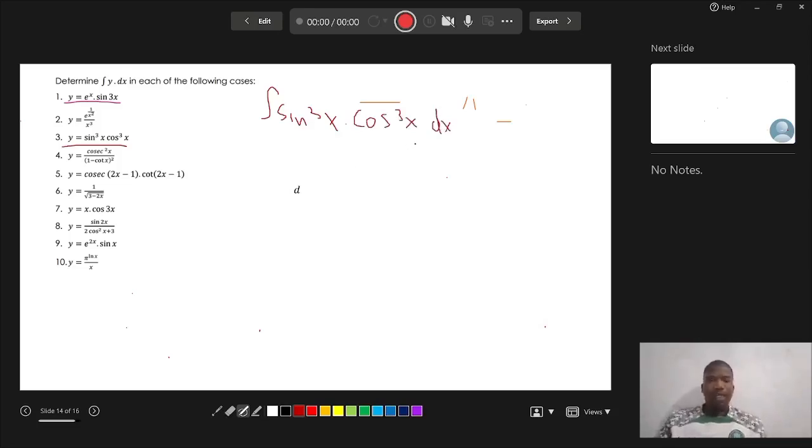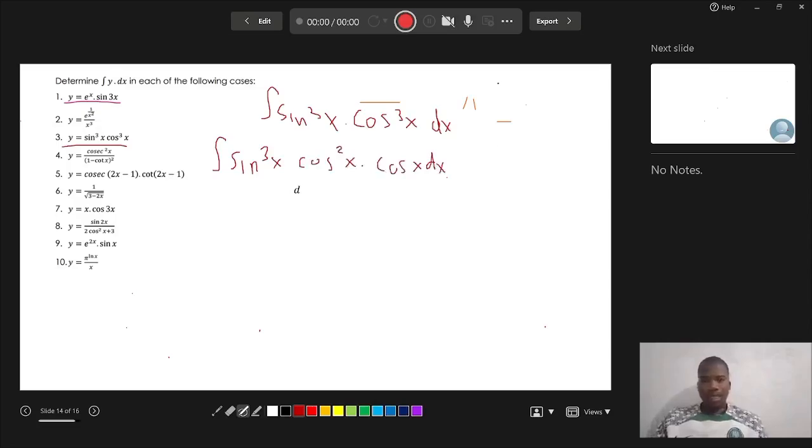So firstly, we can simplify this in order for our problem to be easier to deal with, right? Then we'd simplify it as sine cubed x cos squared x multiplied by cos x dx, right?